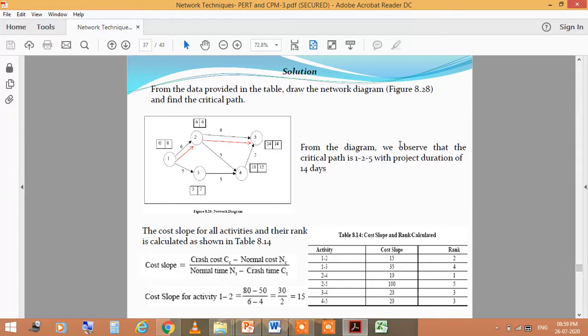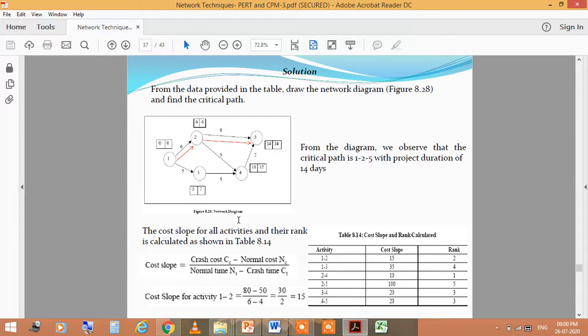So the solution is, from the data provided in the table, you can draw the network diagram like this, which you see here. From the diagram, what we observe is the critical path 1 to 2 and 2 to 5, with project duration of 14 days.